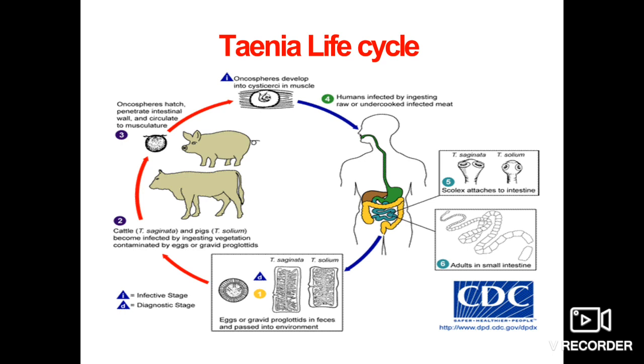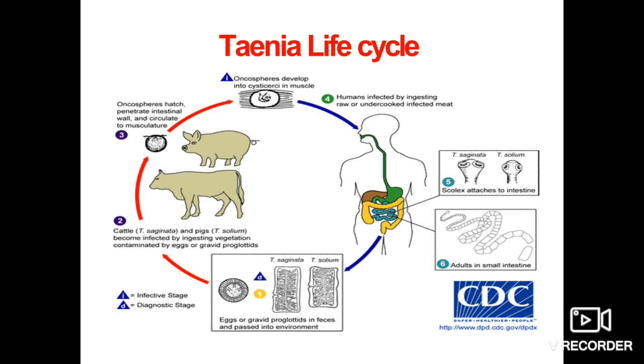Now, the life cycle of Taenia. The life cycle of Taenia solium is indirect. It passes through pigs or other animals as intermediate hosts into humans as definitive host. In humans, the infection can be relatively short or long lasting, and in the latter case, if reaching the brain, it can last for life.